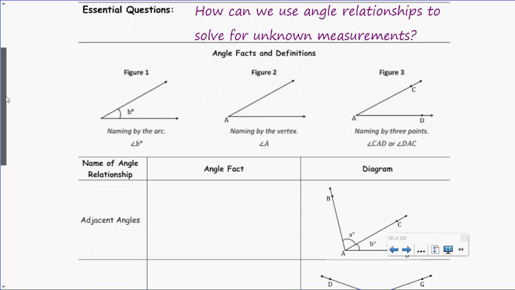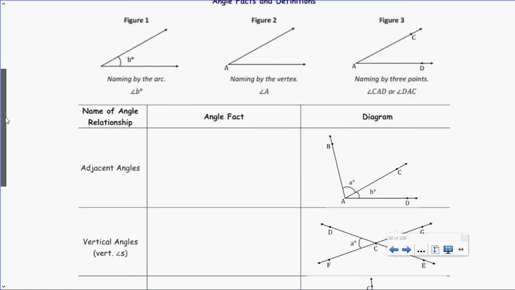For our first example down here, we're going to talk about adjacent angles. Just so you know, there are different ways that we can refer to angles. Angle B degrees would be right here, referring to this angle. We could name it by its vertex if it's on its own, angle A. An example of why we would need all three is, let's say this was point B, we would need to know, are we talking about this angle or this one?